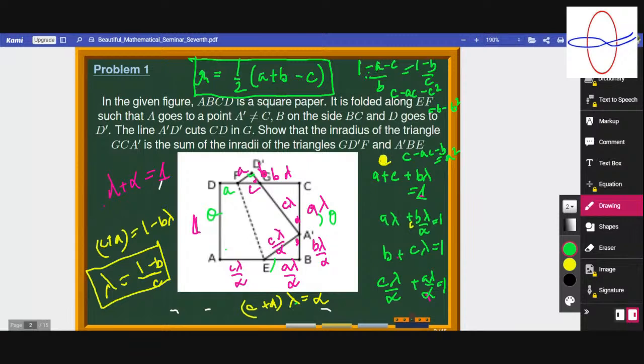Let's try to see it. Lambda plus alpha is coming out to be C plus A plus 1 into lambda.